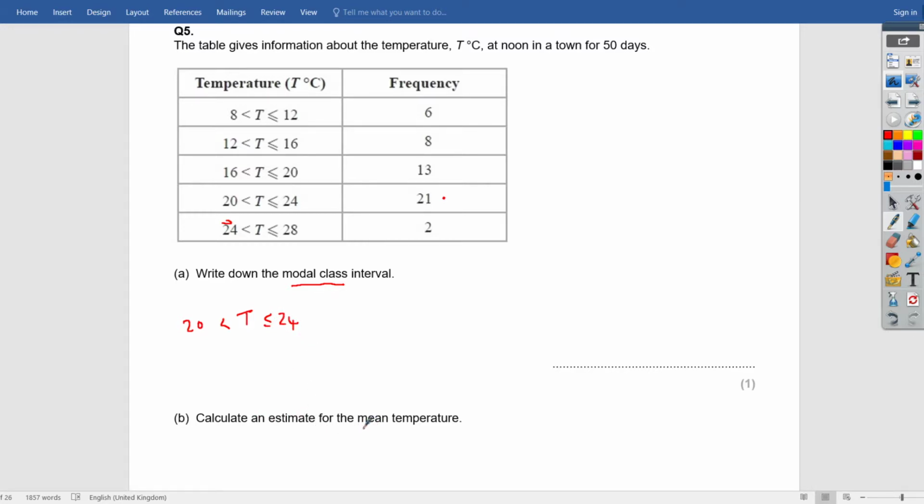Now, estimating the mean. What we need to first of all do is replace these class intervals by an average of these points, which we call the midpoint. Okay, so here I'll put a column for my midpoint.